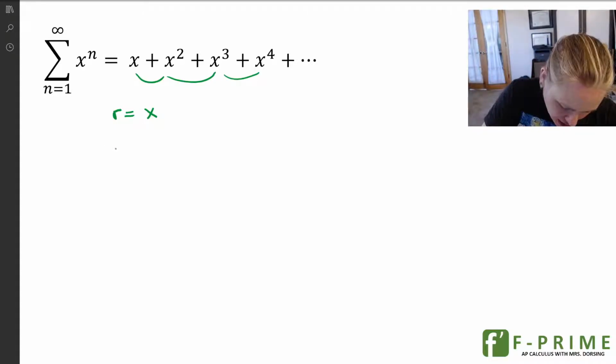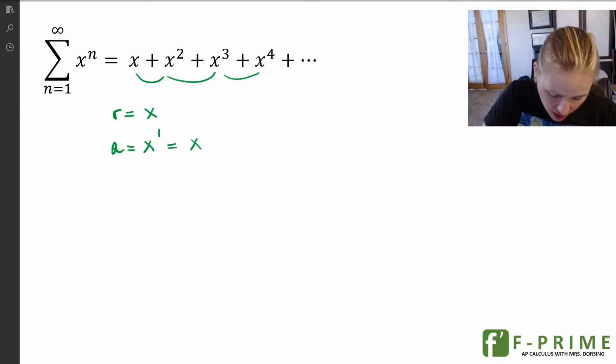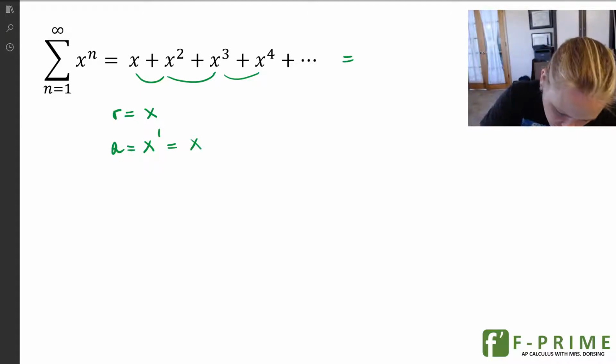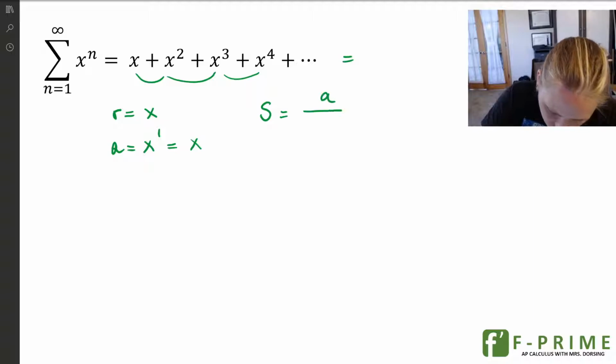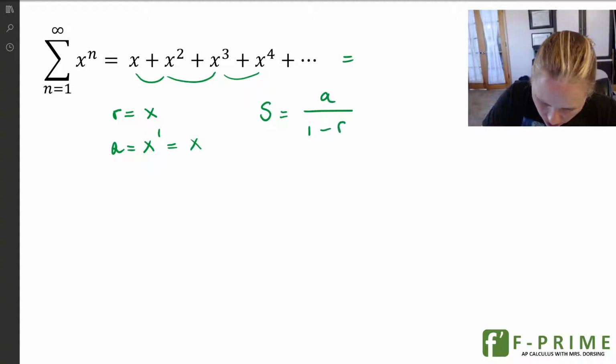Well, if r is x, a would be what I get when I plug that first value in. A is also x. What does this converge to? Well, my sum says it's a over 1 minus r.